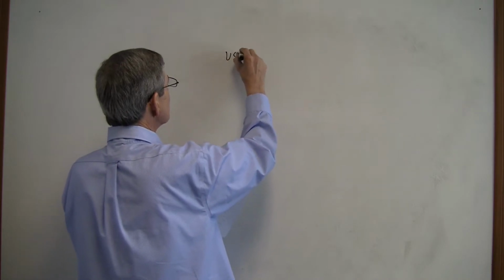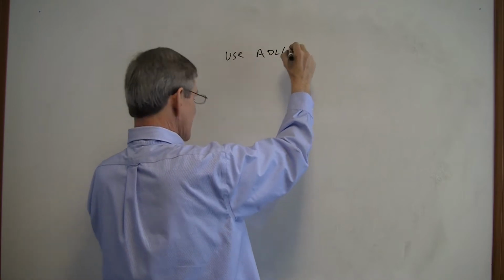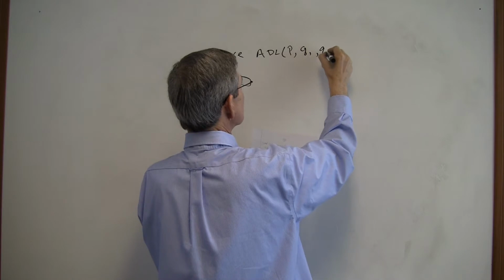So let's use an ADL of P, Q1, and Q2. So let's just have two x's.